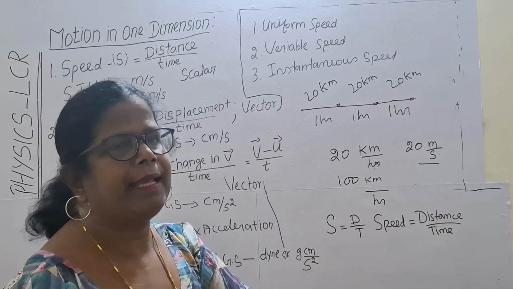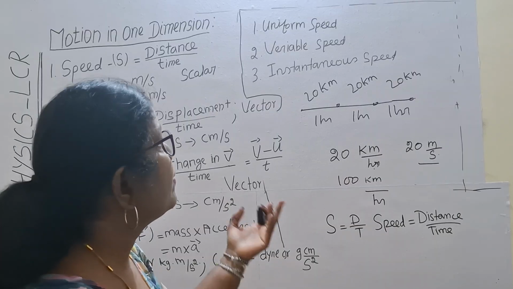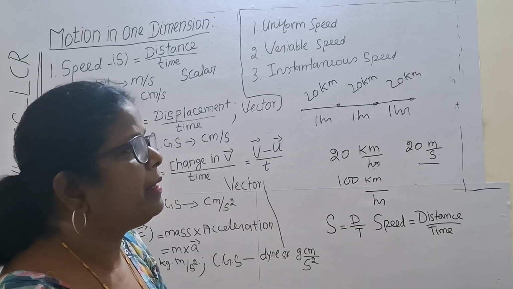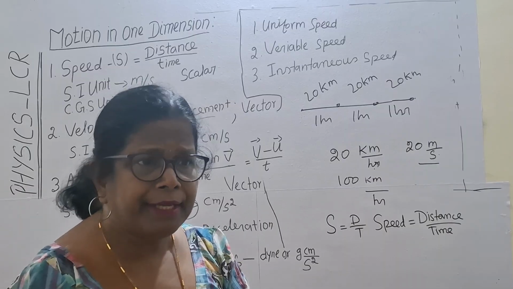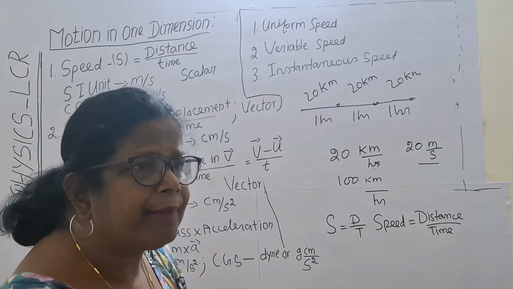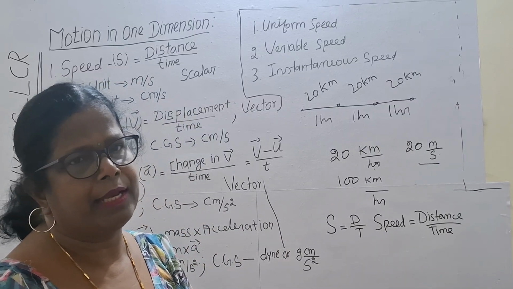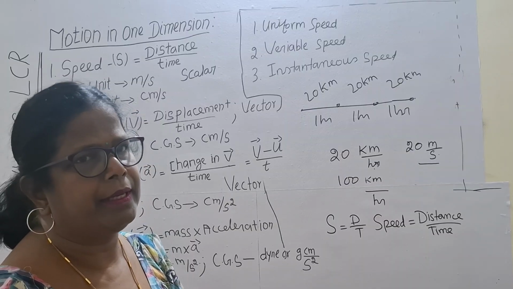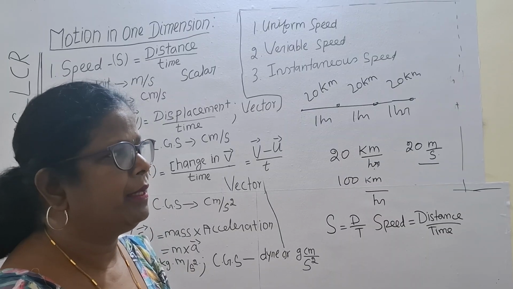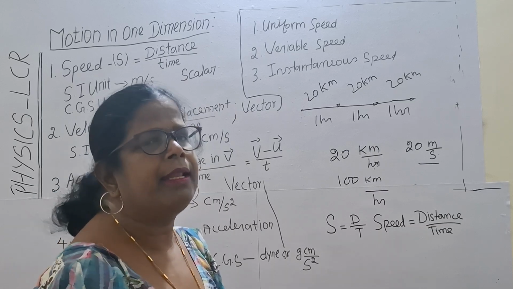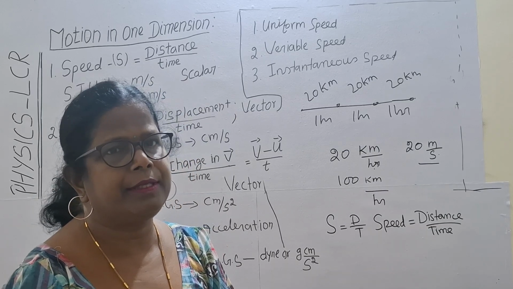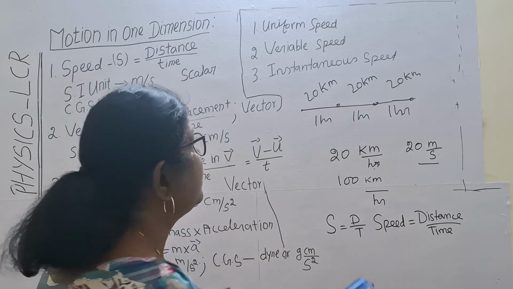Time is changing, so that is non-uniform or variable speed. What is instantaneous speed? At a particular time, what is the speed at that moment? That is instantaneous speed. A vehicle has a speedometer, with which we can measure the instantaneous speed.